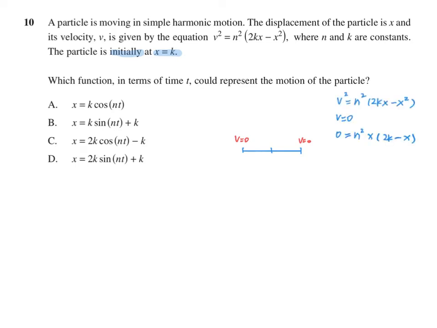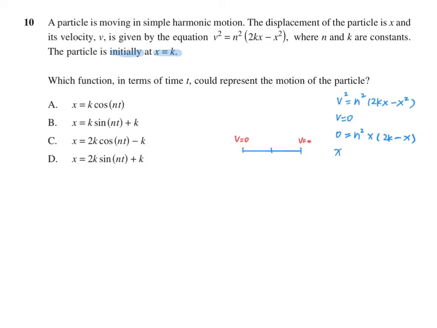Now, let's look at the velocity displacement equation provided by the question. When velocity equals 0, so v equals 0, let's factorize this equation, taking out the common factor of x. We have n squared times x times (2k minus x). n is the number of oscillations, it cannot be equal to 0.